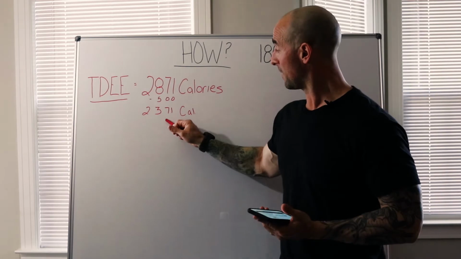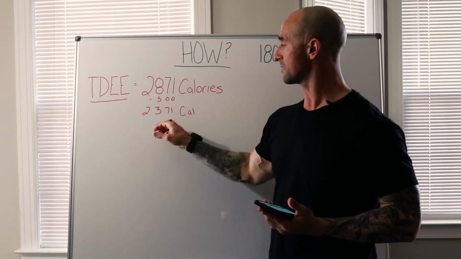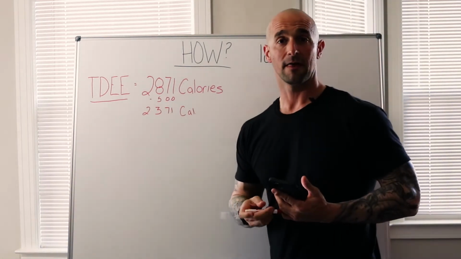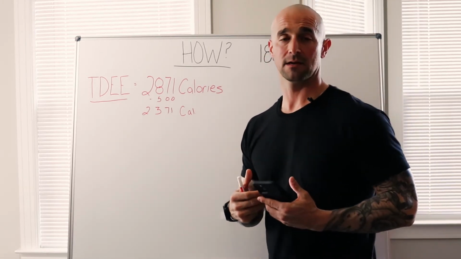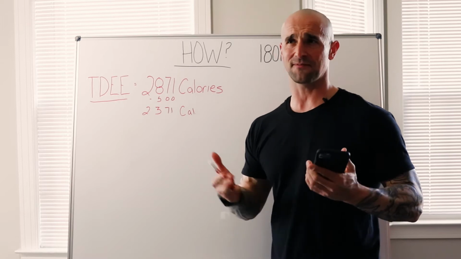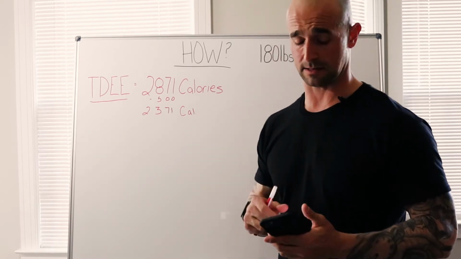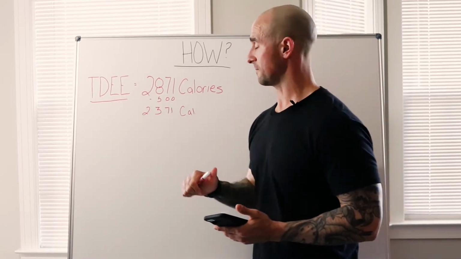With that said, my new calorie count is going to be 2,371. That is much more accurate for a maintenance for me. 2,350 to 2,500, depending on the day, is very, very accurate for me.